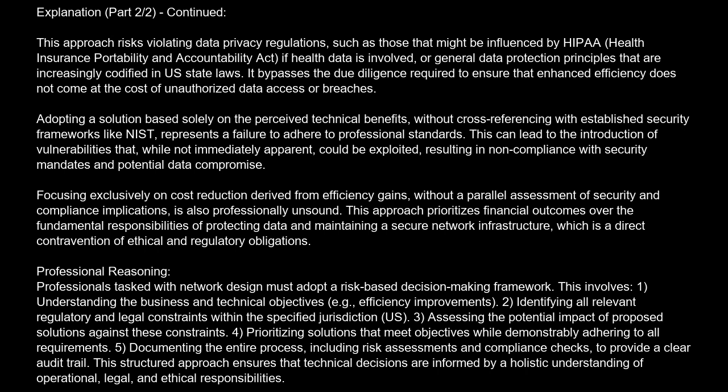Prioritizing solutions that meet objectives while demonstrably adhering to all requirements. 5. Documenting the entire process, including risk assessments and compliance checks, to provide a clear audit trail. This structured approach ensures that technical decisions are informed by a holistic understanding of operational, legal, and ethical responsibilities.